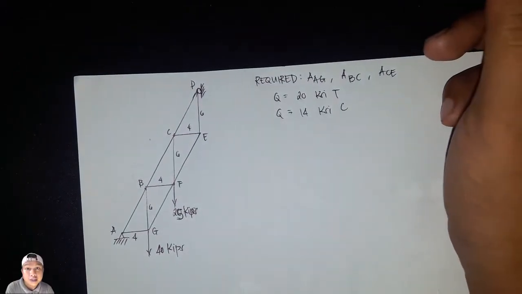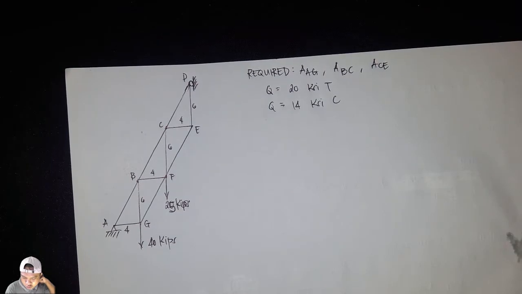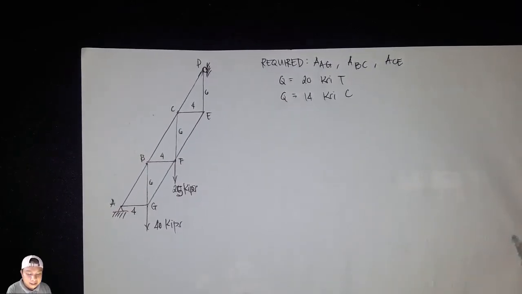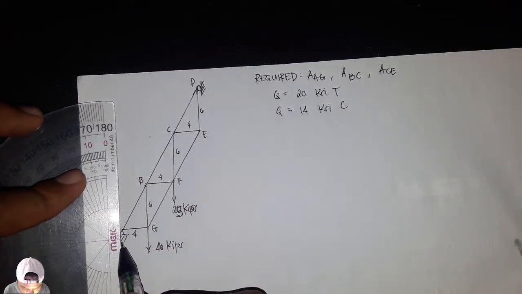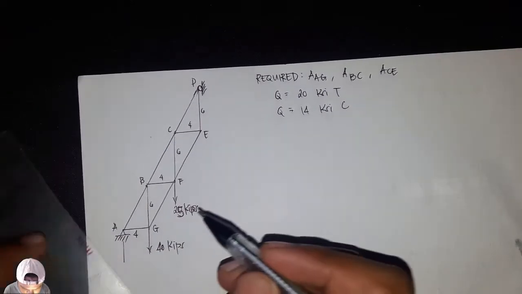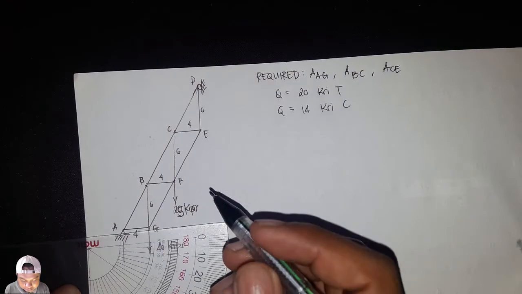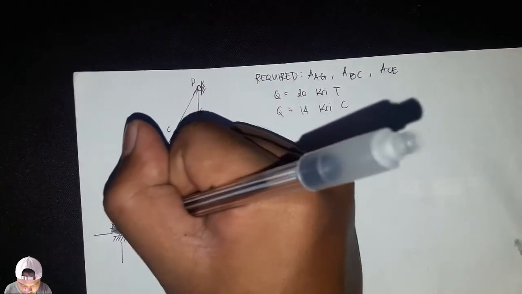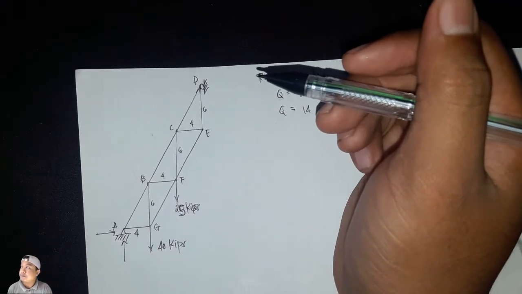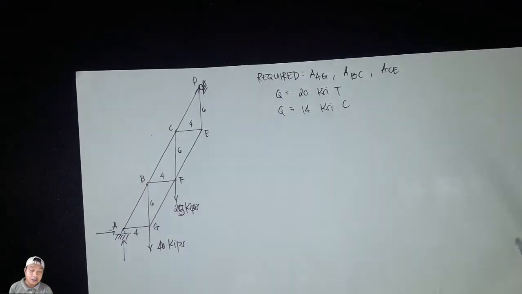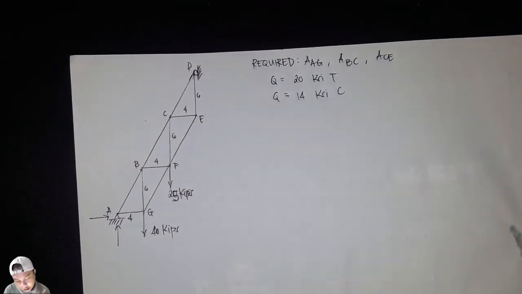Yan yung condition natin. So first, to solve this, syempre yung approach natin is to find first the reactions at support. So we all know na kapag hinge, may dalawang reactions dyan.